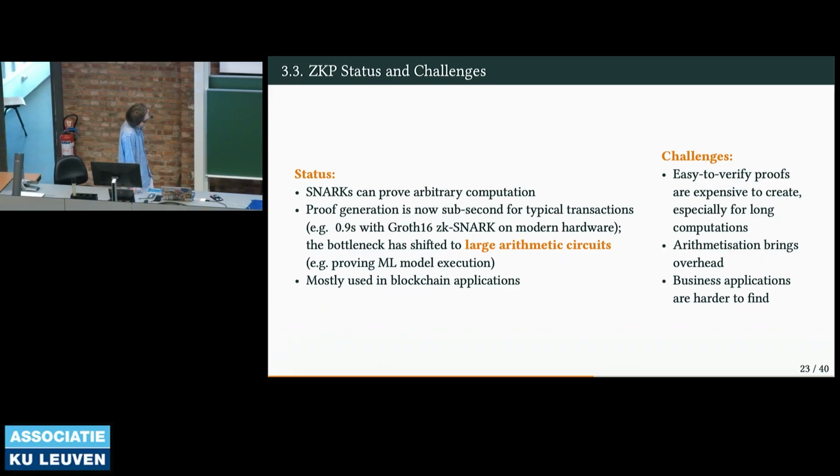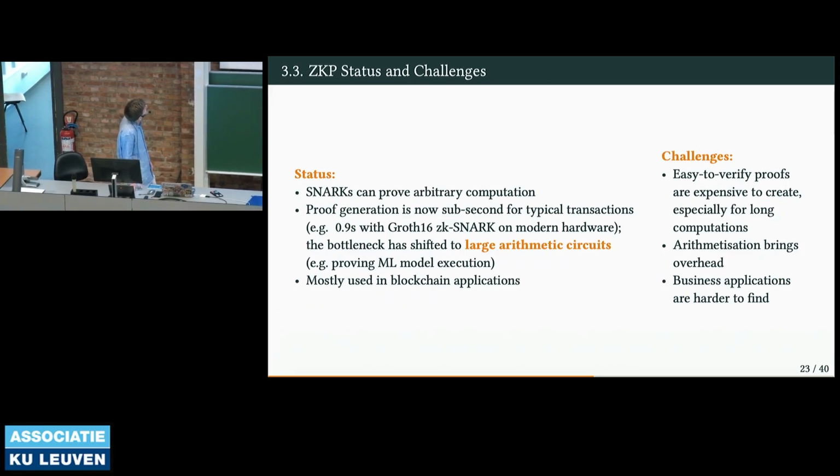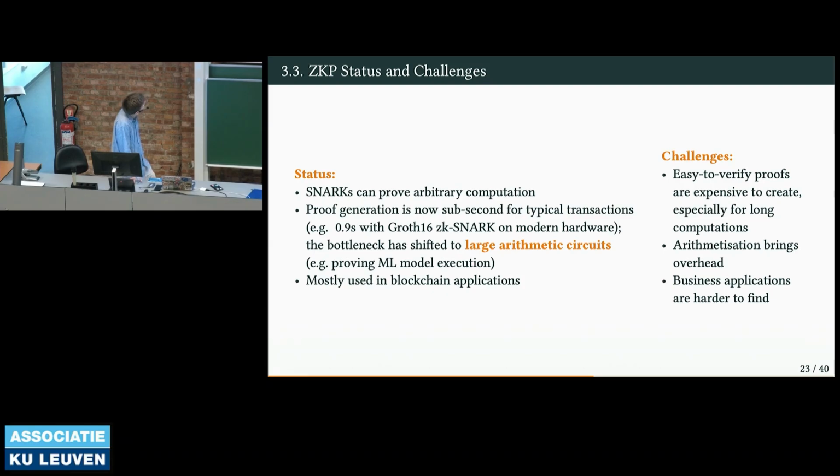You can prove blockchain transactions in less than a second, for example. And now people are shifting towards proving much larger things like machine learning model executions.